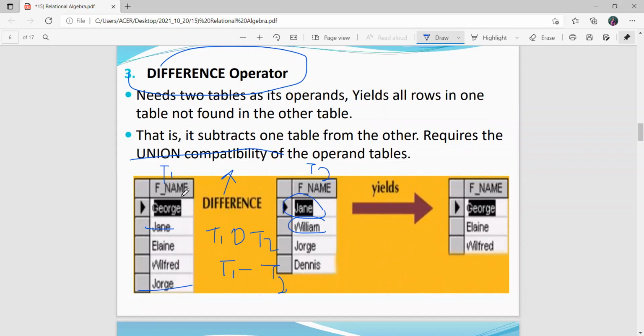So this operator outputs the difference between these two. So this operator outputs only George, Align and Wilfried.